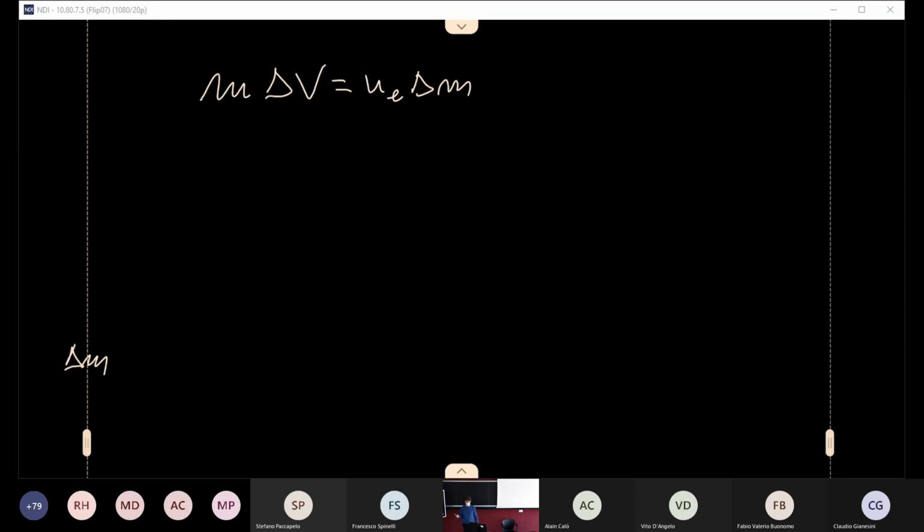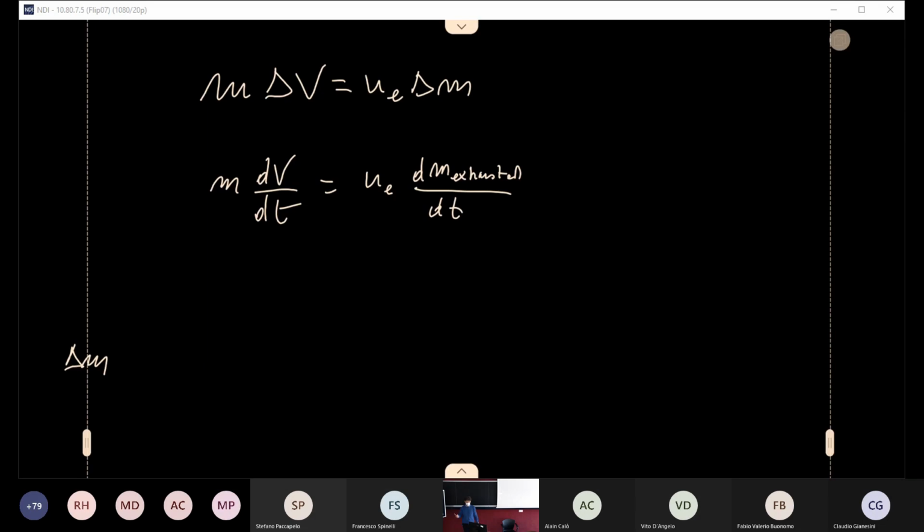So we have m dv/dt on the left, and on the right-hand side ue times dm exhausted over dt.